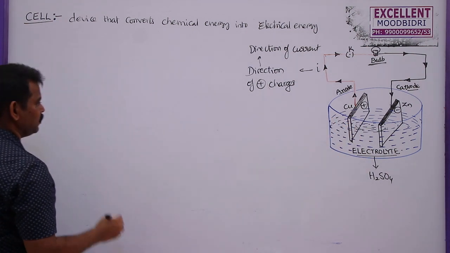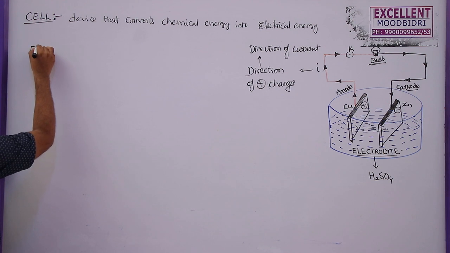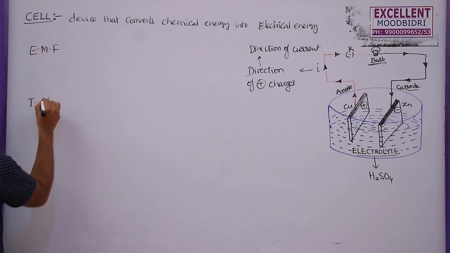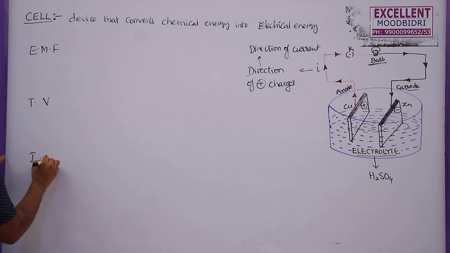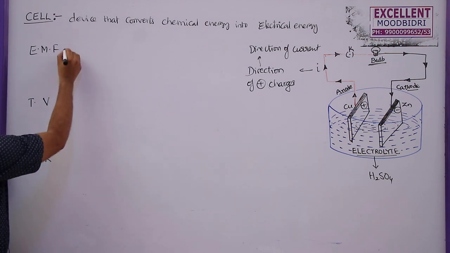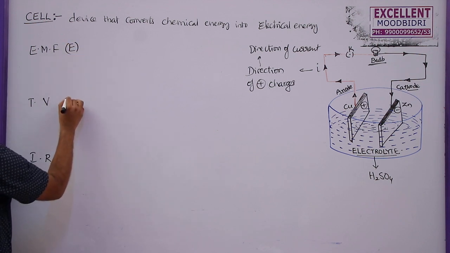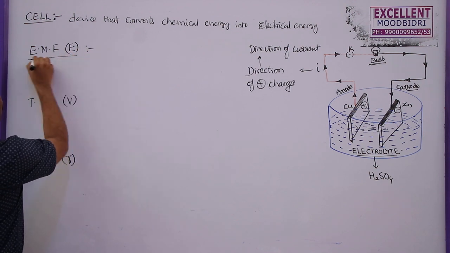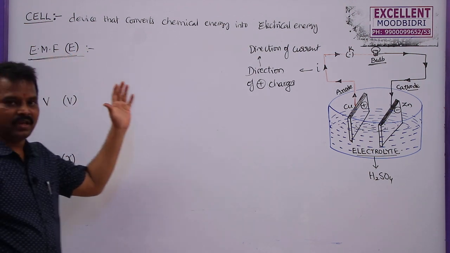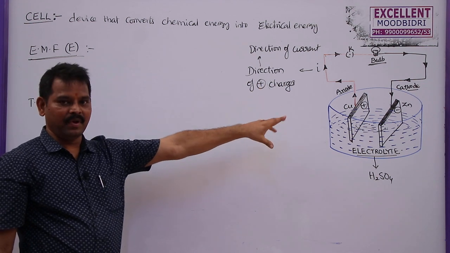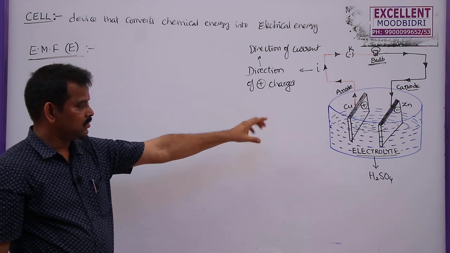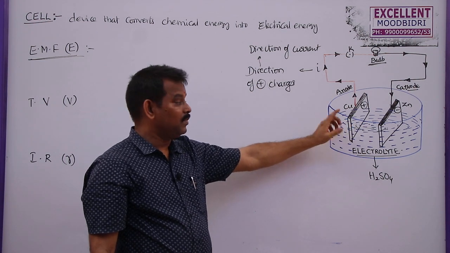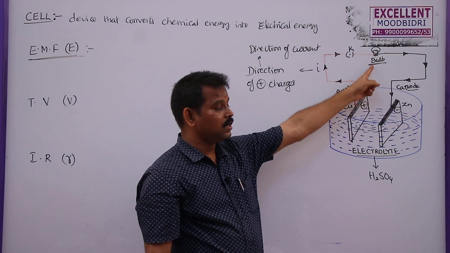Now here, if we observe this, we have different terms that we should remember. One is EMF, one is terminal voltage, the other one is internal resistance. So here I am going to take this as capital E, this is V, this is small r. So what is this EMF? A cell is a source of constant EMF but not constant current. Why? Because by using this cell we always get a constant EMF, but the amount of current depends upon the external resistance also.